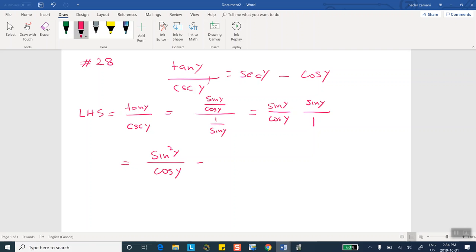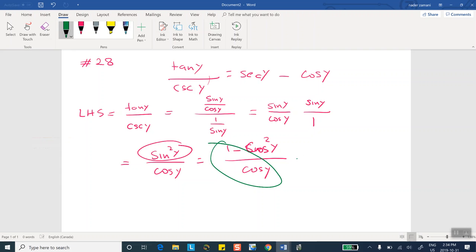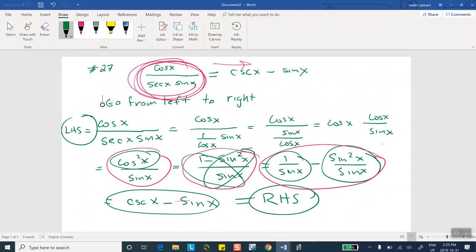Notice that once again I use my fundamental identity that sine squared y is 1 minus cos squared y over cosine of y, and then I use the basic arithmetic step that this is equal to 1 over cos y minus that cos squared y.